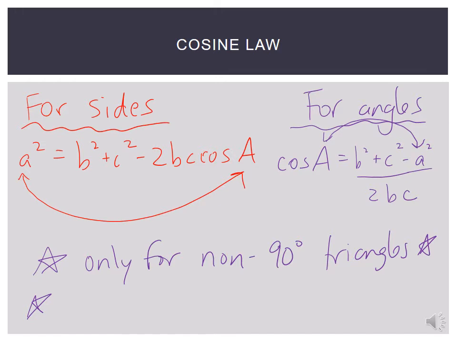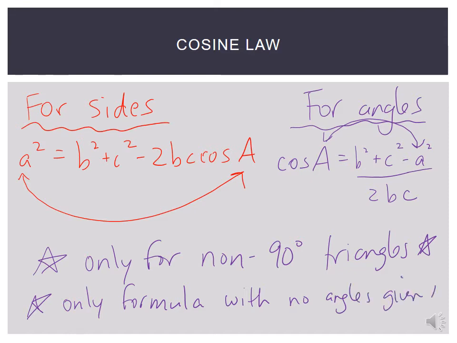So if you're given all three sides and no angles, cosine law is the only one that you can use. So make sure you have those formulas in front of you as we go through the examples.